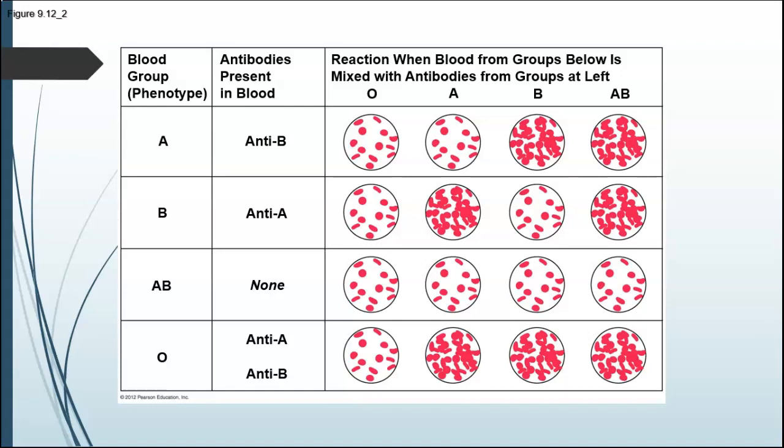So if you are blood type A, then you have antibodies against the B phenotype in your blood. If you mix your blood with type O blood, there's not a problem, because there are no antigens for your antibodies to react with.